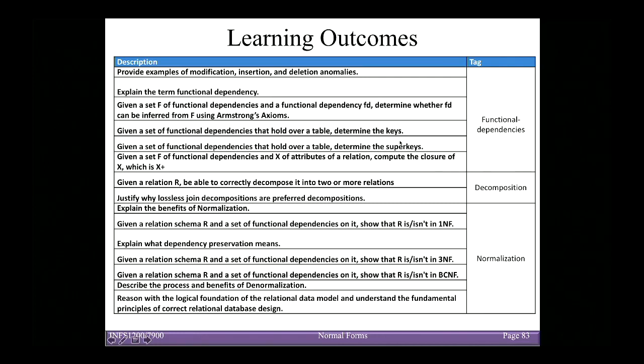So determine keys and superkeys and compute closures using the closure algorithm that we talked about. Correctly decompose into one or more relations on decomposition. Justify why lossless join decompositions are preferred. Explain the benefits of normalization. And then on the normalization side, be able to put things in 1NF, 3NF, and BCNF. Explain what dependency preservation is. And describe the process of denormalization.